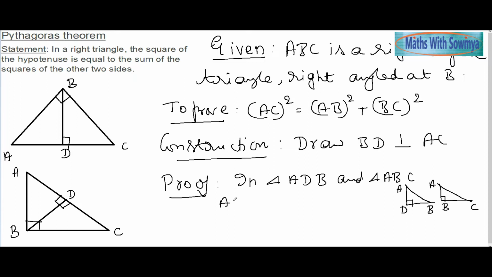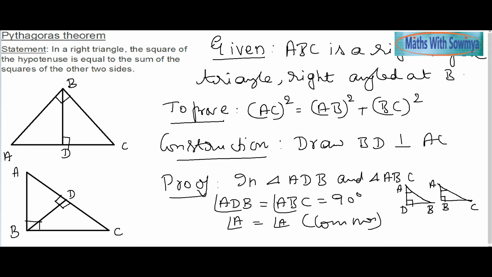So now I shall put angle ADB is equal to angle ABC, which is 90 degree. And also angle A and angle A are common here. So I can say angle A is equal to angle A, which is common.